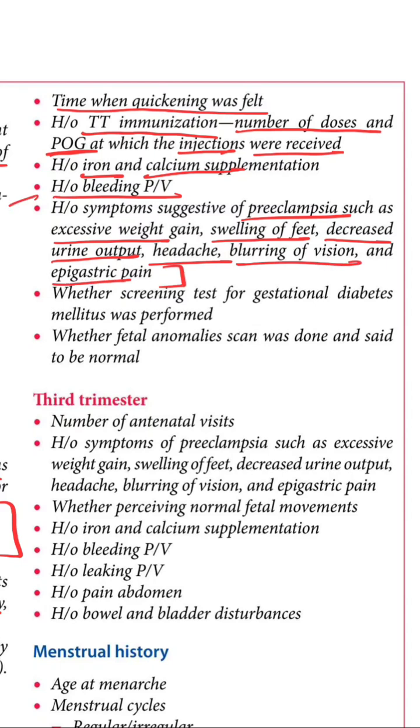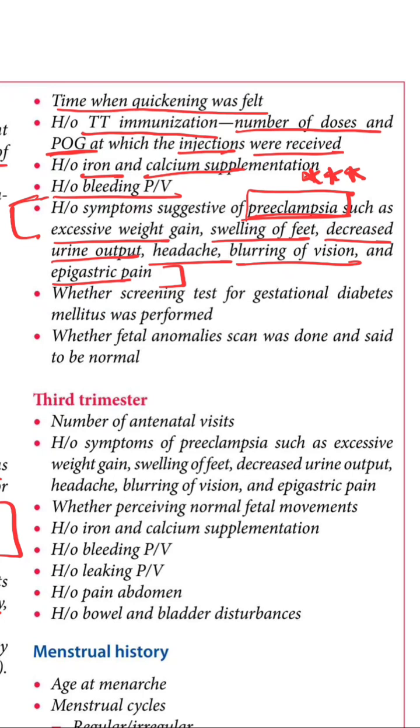Very very important, and during case viva they will ask you what are the symptoms suggestive of preeclampsia. Excessive weight gain, swelling of feet, decreased urine output, headache, blurring of vision and epigastric pain.